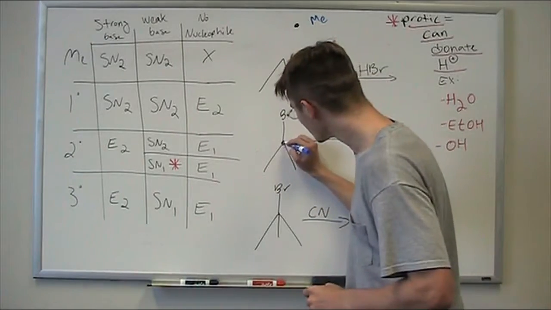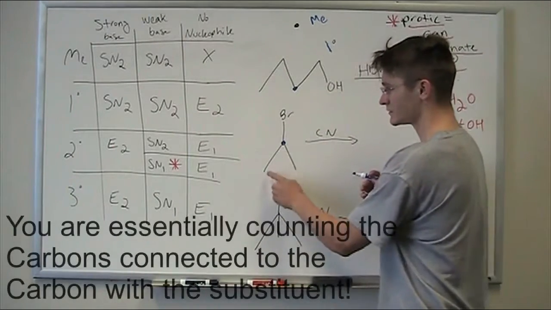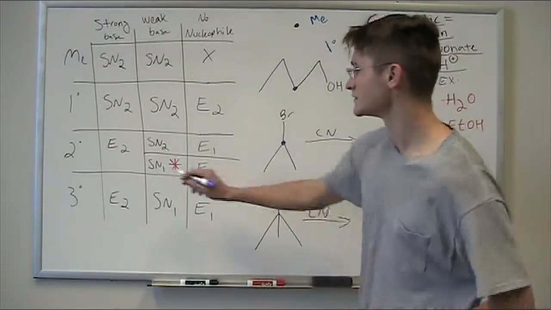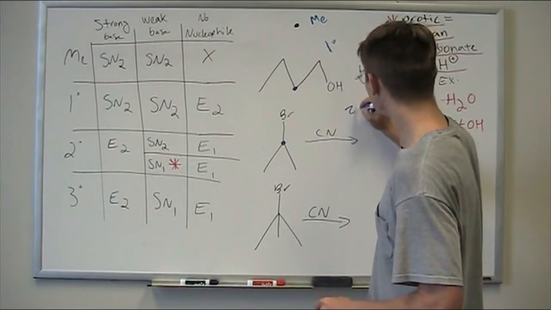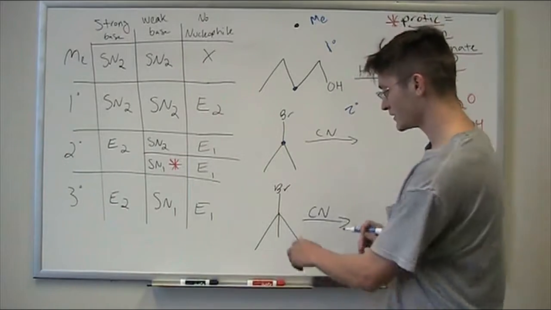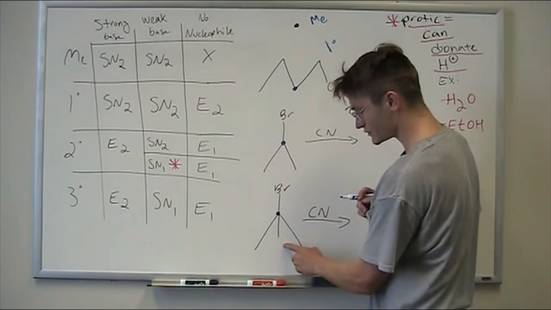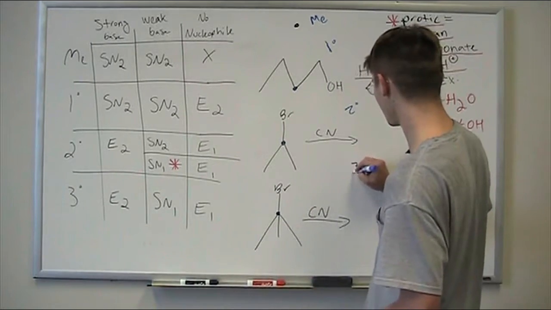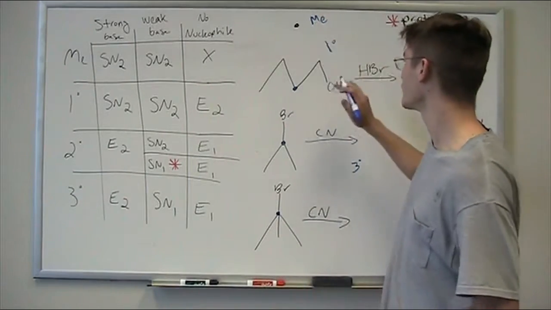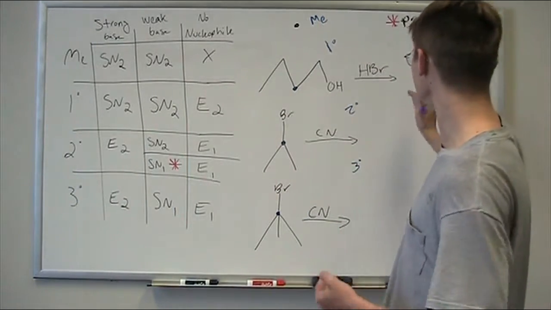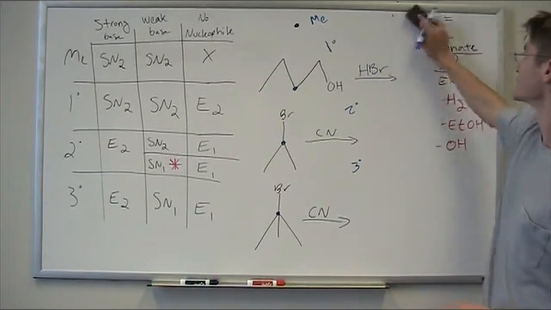What is it connected to? It's connected to 2 carbons, so it's a 2°. This bromine, look at the carbon that it's attached to, and it's 1, 2, 3, so a 3°. So you have methyl, 1°, 2°, 3°, and we're going to look at how to do these. Hope you guys wrote this one too.